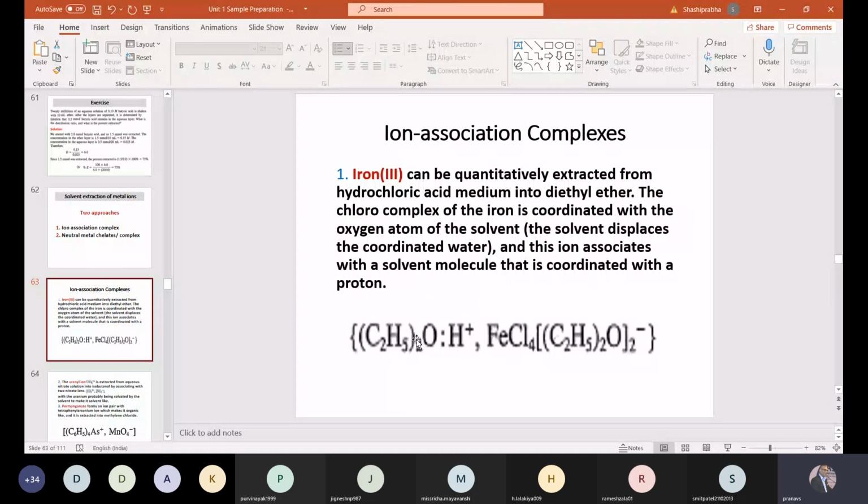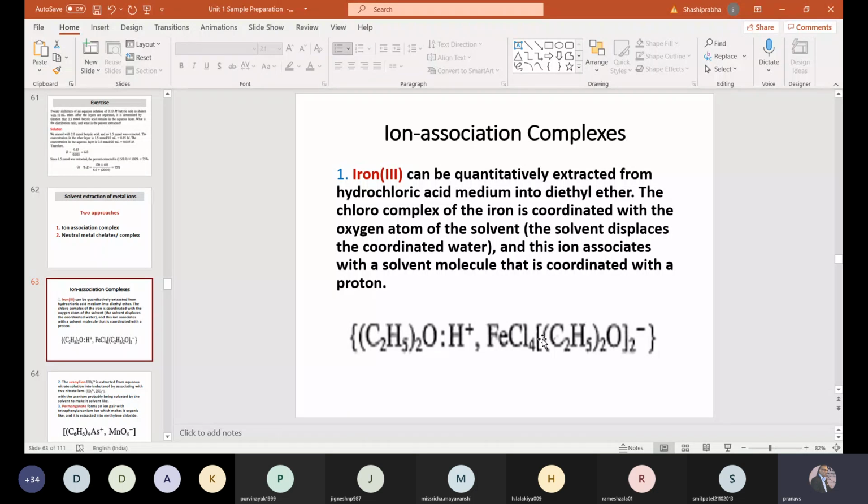Now, when these two species are present in the same solution, see, you have not added anything in this. You simply dissolve a ferric salt in hydrochloric acid medium, and then you extract into diethyl ether.